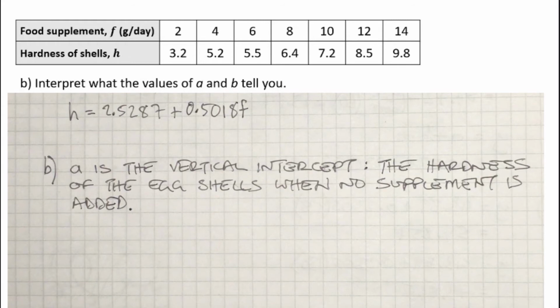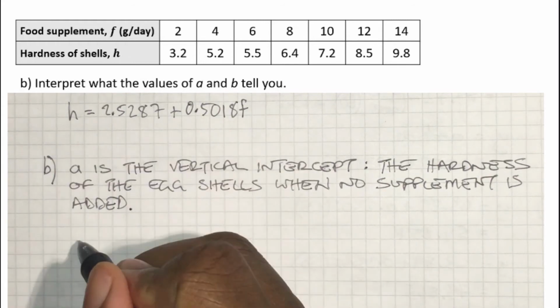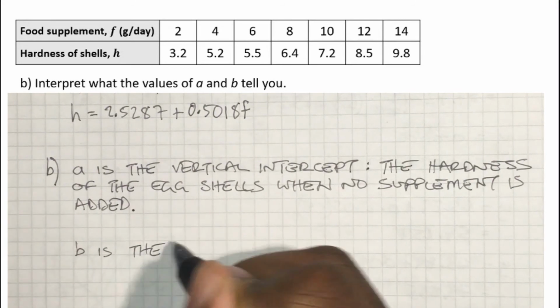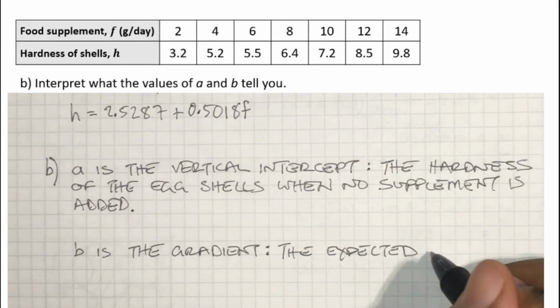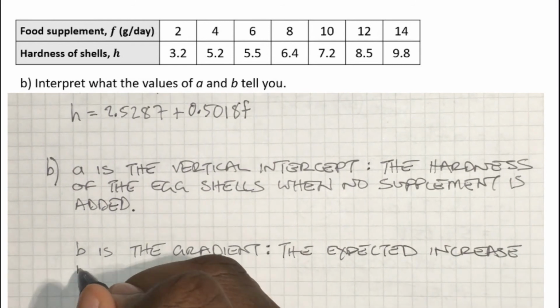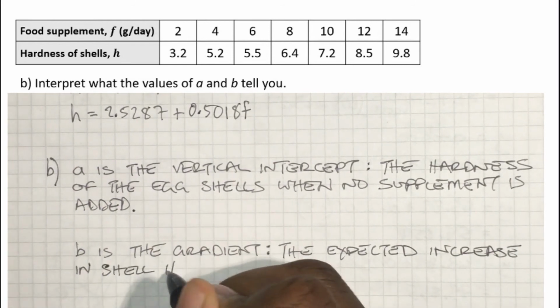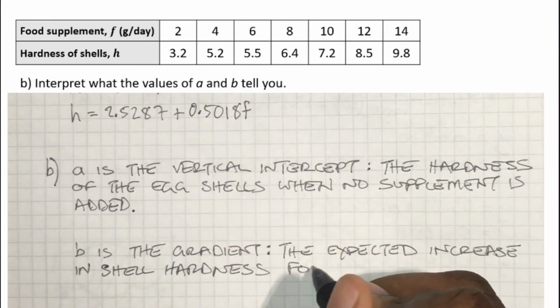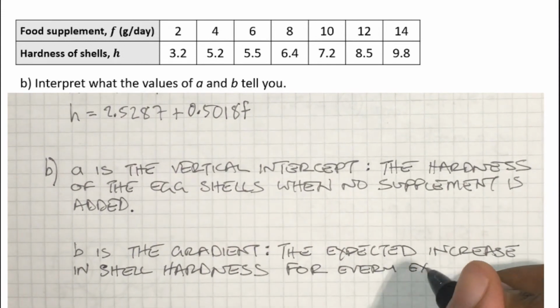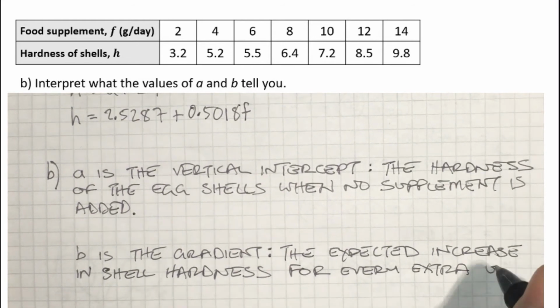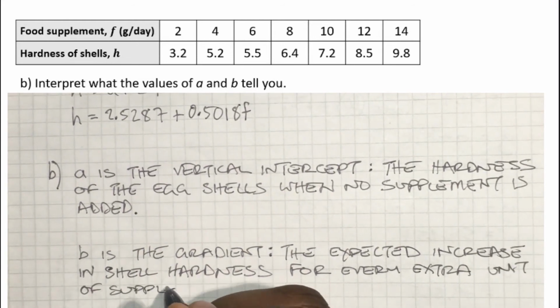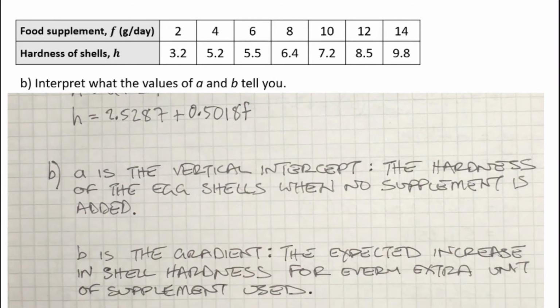Well, b is the gradient, and just as usual, the gradient tells us how much we should expect the dependent variable to increase for every unit increase of the independent variable. In this case, it's the expected increase in shell hardness for every extra unit of supplement used. So, being able to generate the equation and obviously interpret an equation in terms of its intercept and its gradient as we usually would.